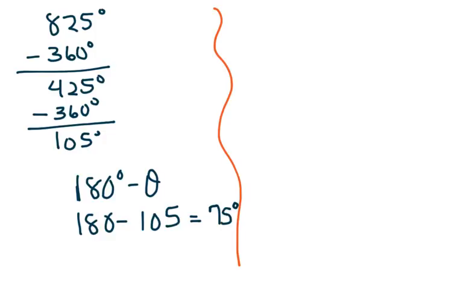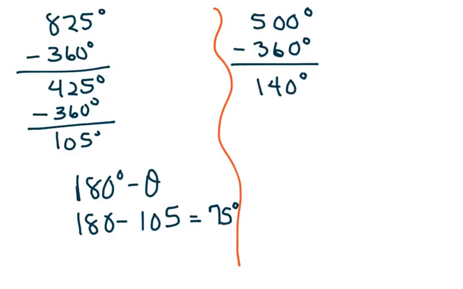And the last one we're going to do is 500 degrees. We're going to subtract 360, making it coterminal with 140. That means it has the same value there. 140 is in quadrant 2, so I'm going to use the same formula here.